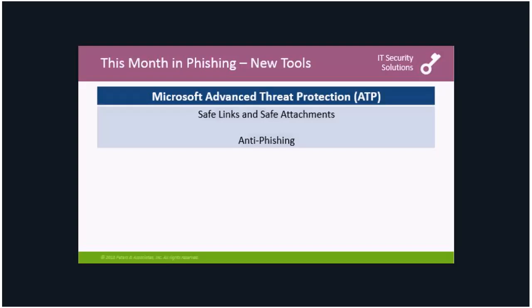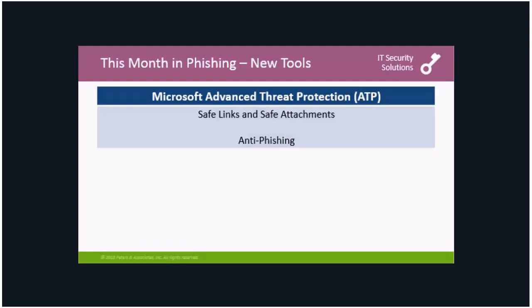At the core of the product is something called safe links and safe attachments. In safe links, for users that receive links over email, those links are overwritten by Exchange, and they are investigated to see if they go to a dangerous place.